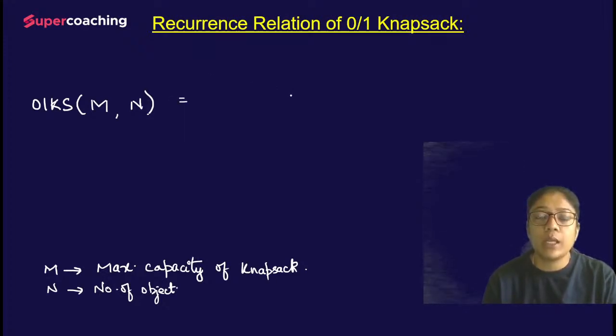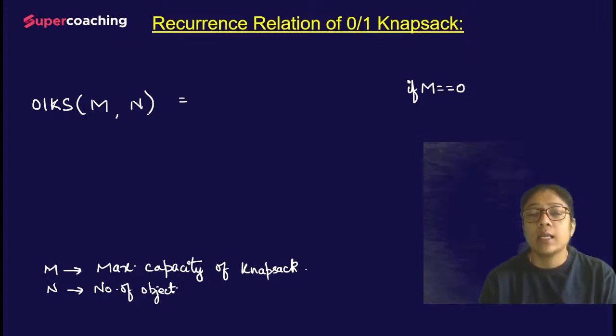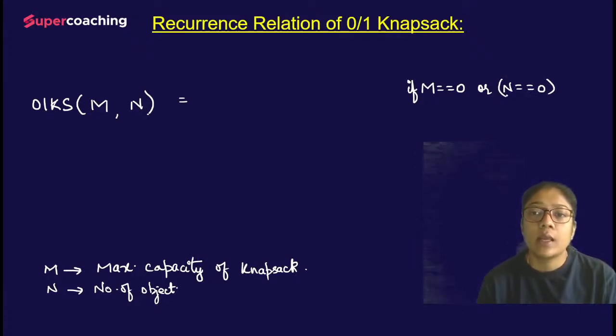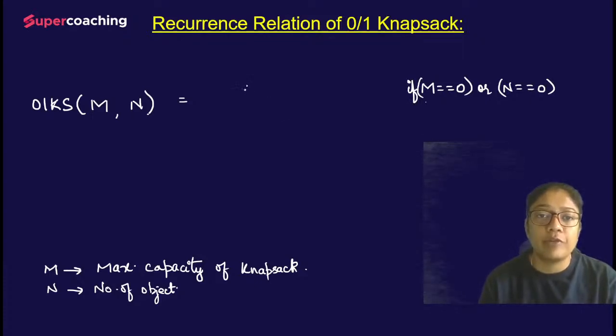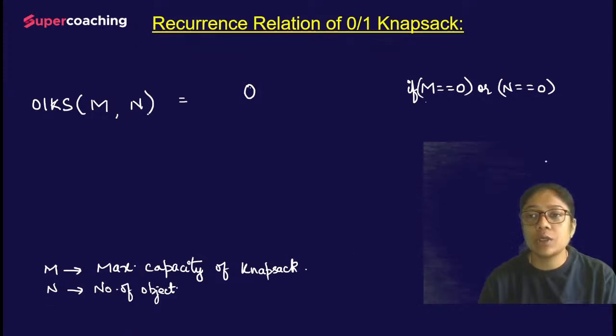Termination condition will be अगर आपके पास सारे ऑब्जेक्ट्स खत्म हो गए या कैपेसिटी खत्म हो गई, if m is equal to 0 यानी कि कैपेसिटी नहीं बची, और n is equal to 0 ऑब्जेक्ट सारे खत्म हो गए, in that case we'll be getting the profit as 0. This statement is behaving as a termination condition for 01 knapsack.